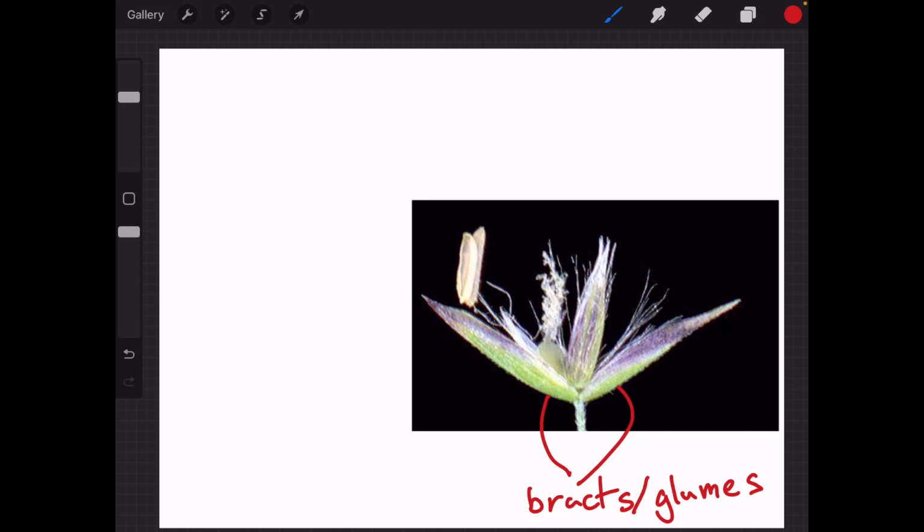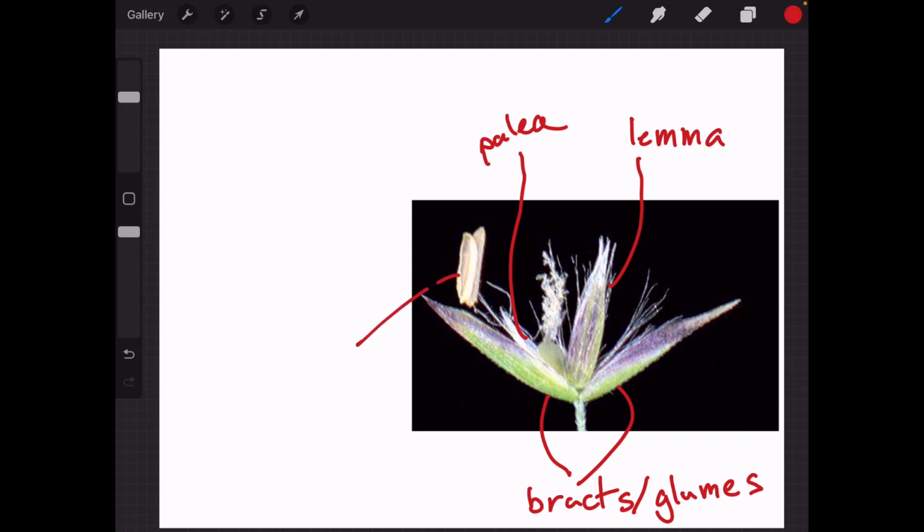To find the palea and the lemma, I suggest dissecting and dissecting until you only have 2 bracts remaining, and those are the palea and the lemma. So here is the lemma, and I believe this structure right here is your palea.